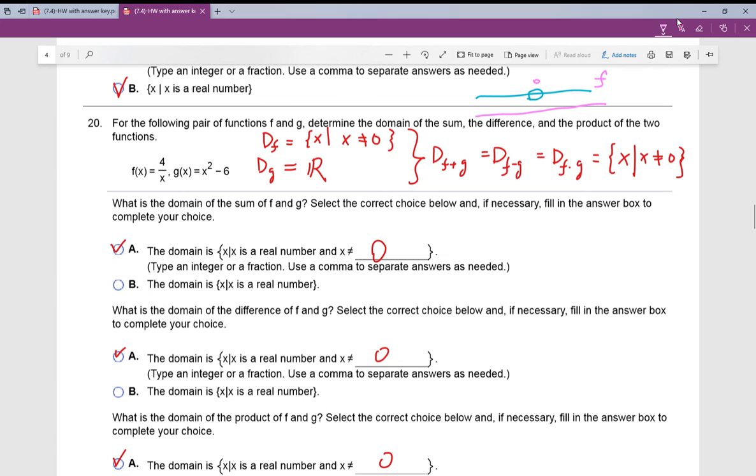If you combine these two together, this 0 needs to be kicked out because f has no 0 in the domain. So there's no way you can add these two outputs together. Combined, x is not 0.